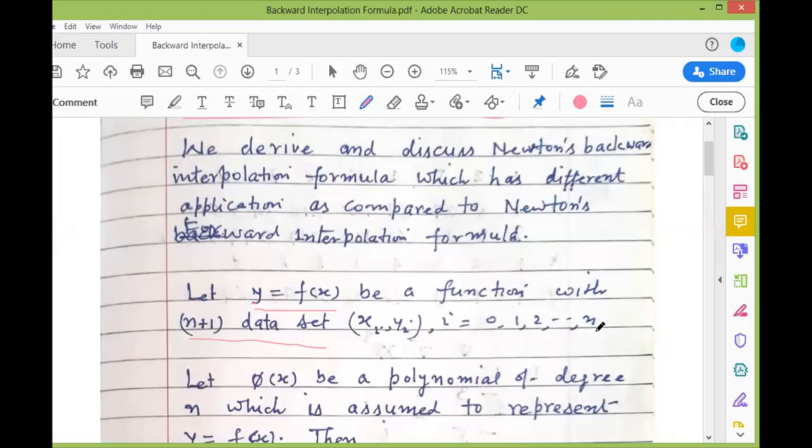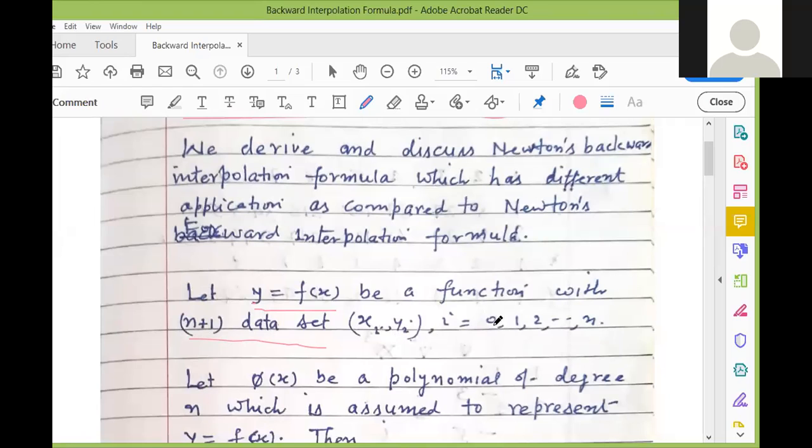So 0 to n means it has n plus 1 data points. We further assume that phi(x) is a polynomial that is going to represent the function.